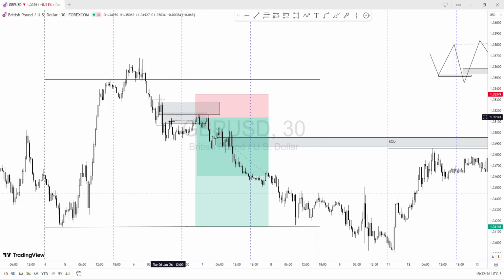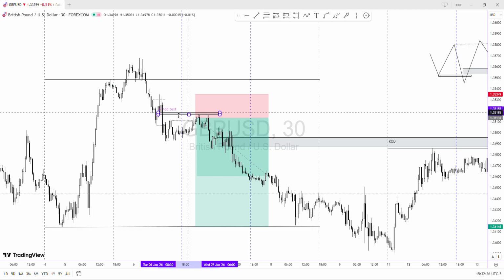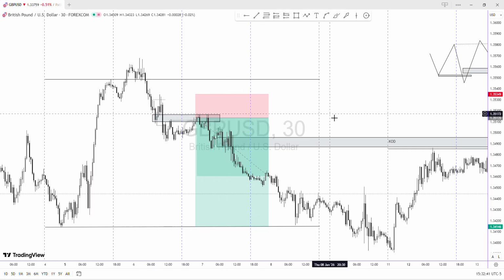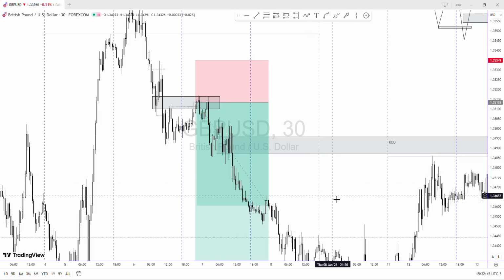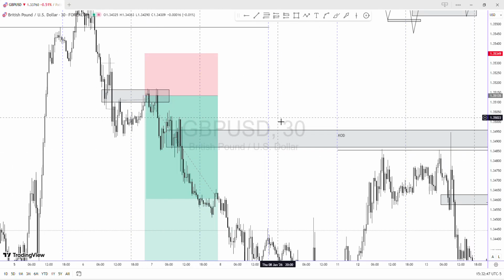So these are the institutional reference points that you should look to have in place. Sometimes it's a breaker block, sometimes it's not, sometimes it's something else. Those are the points of interest you need to find in place for you to push the button sometimes.